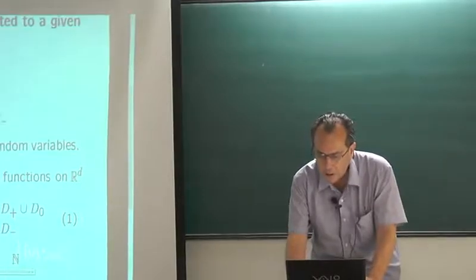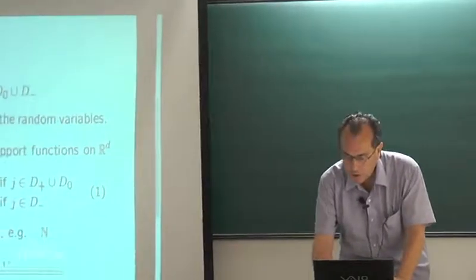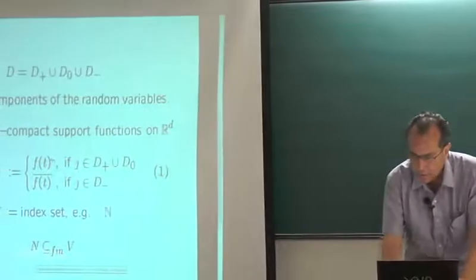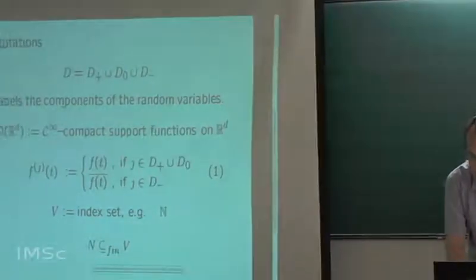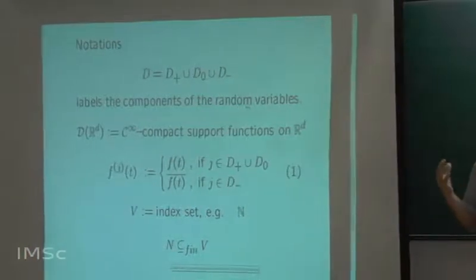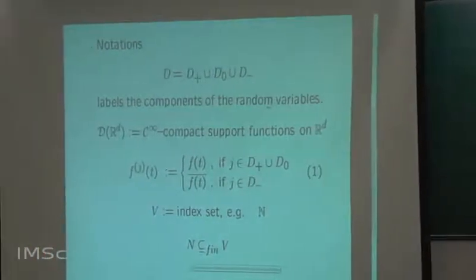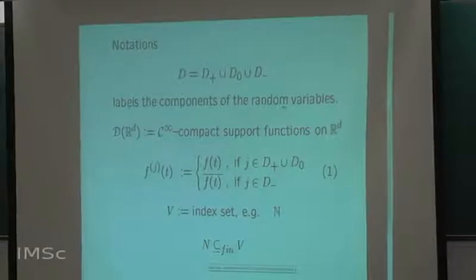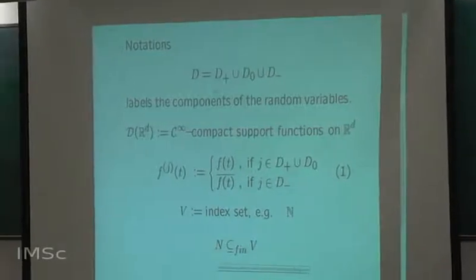So let me recall the notations that we introduced in the previous lectures. D is the set of labels. You should think of the non-commutative analog of a vector-valued random variable, and D typically is from 1 to d, small d a natural integer, the set of components of the random variable.